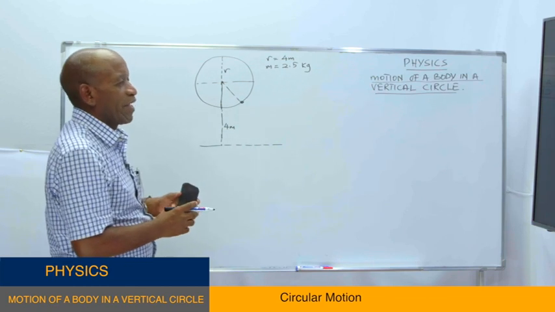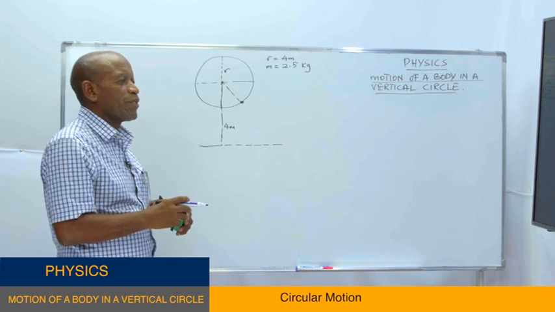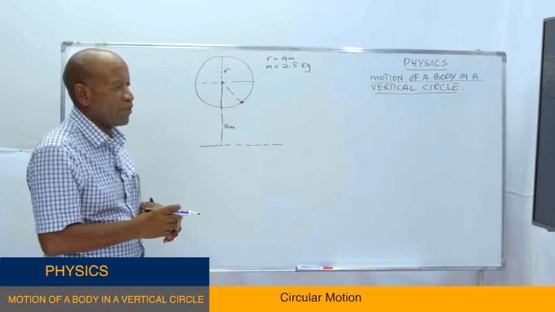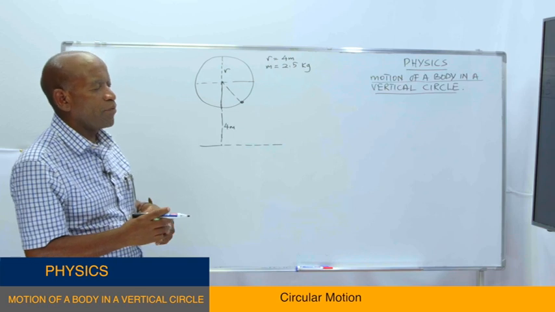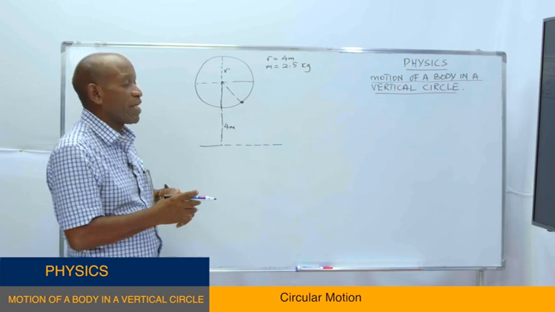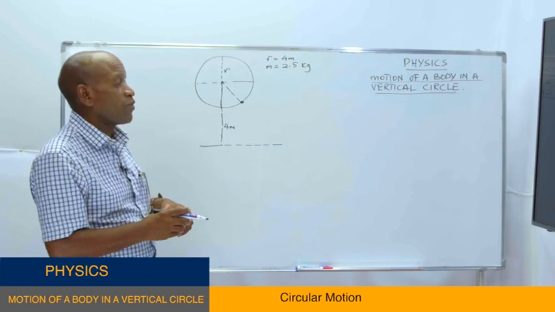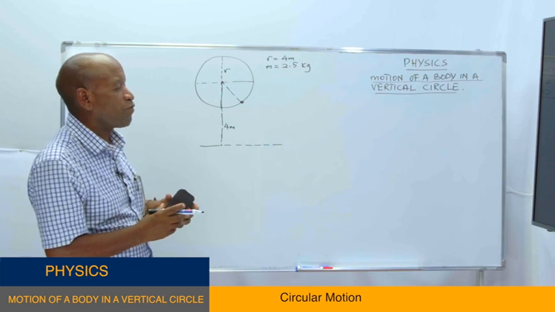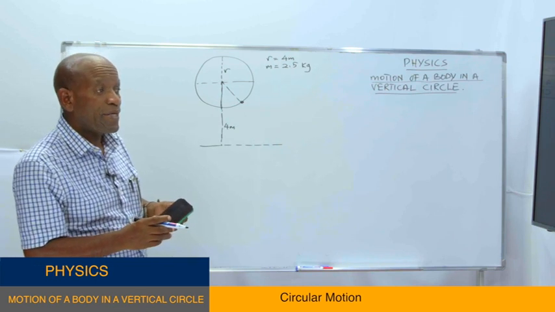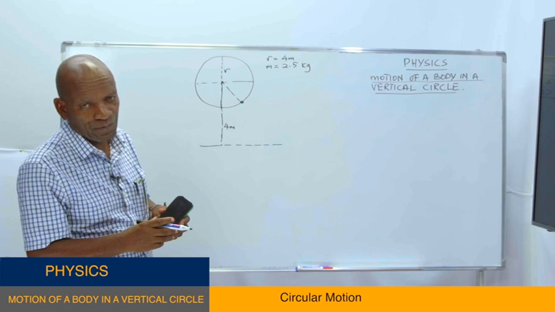So we have such a body which is made to move in that circle. We have been given that the motion doesn't make the string slack. So now we need to solve part A, to determine the minimum and the maximum speed of the stone.